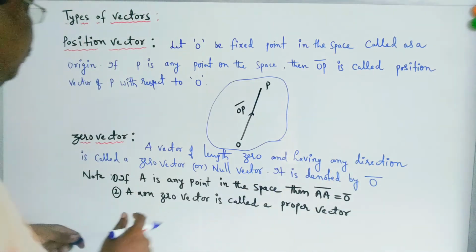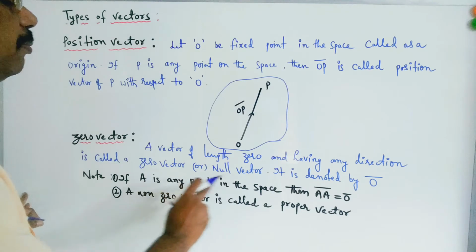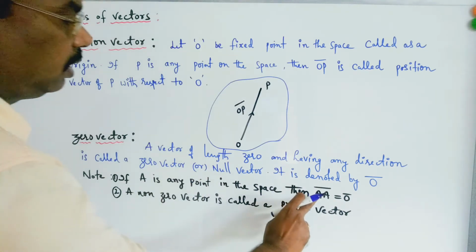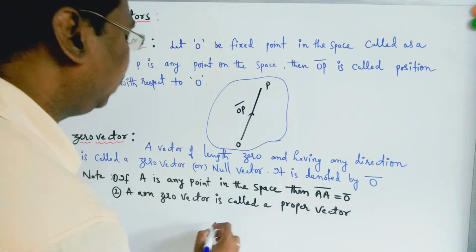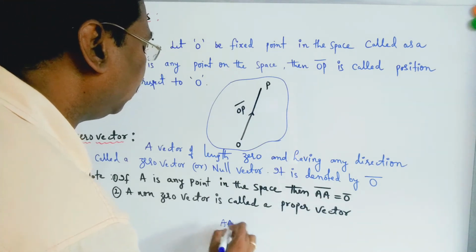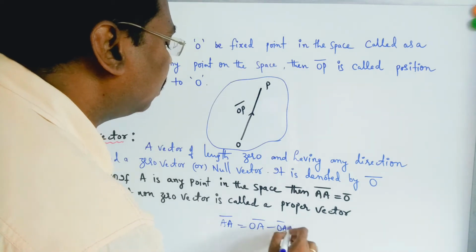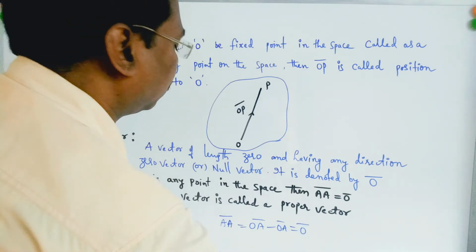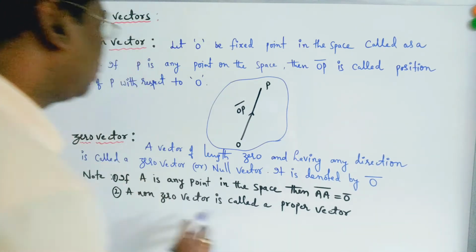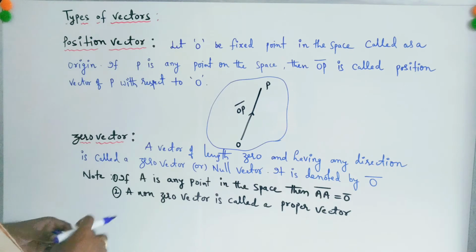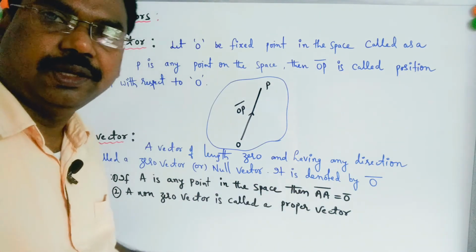Note: if A is any point in the space, then AA bar, which means OA bar minus OA bar, is equal to 0 bar. Note 2: a non-zero vector is called a proper vector.